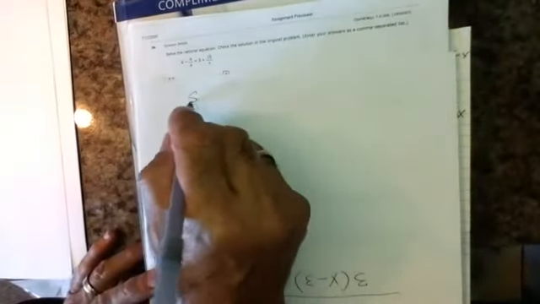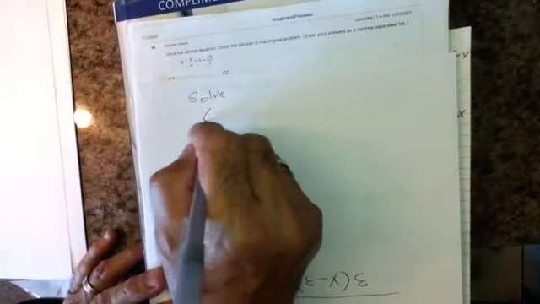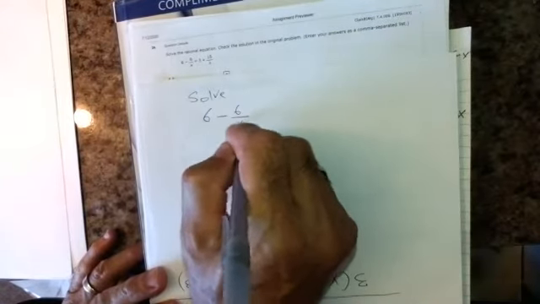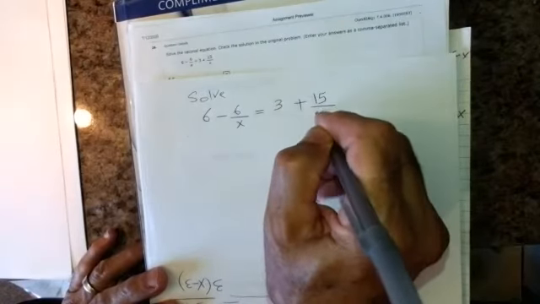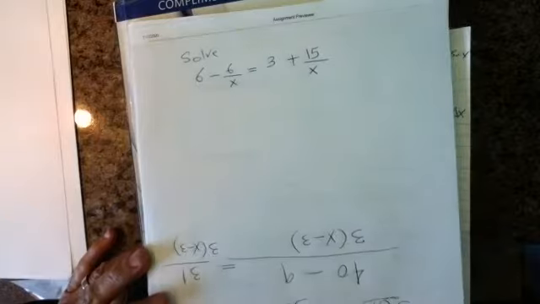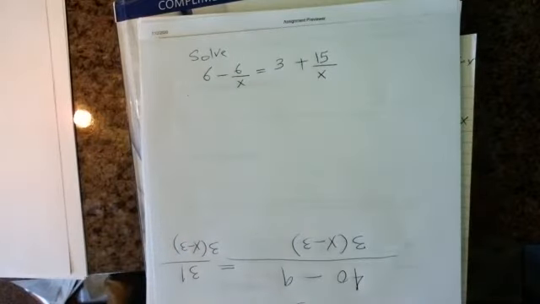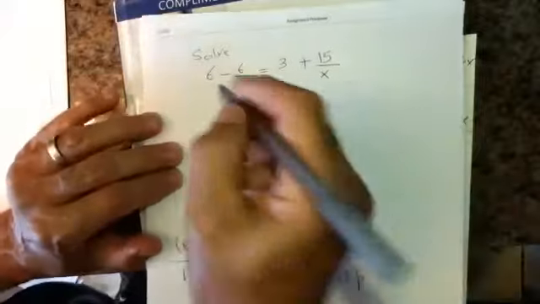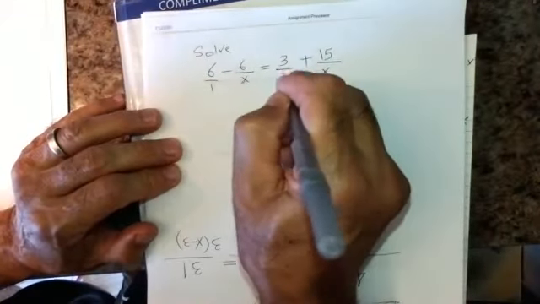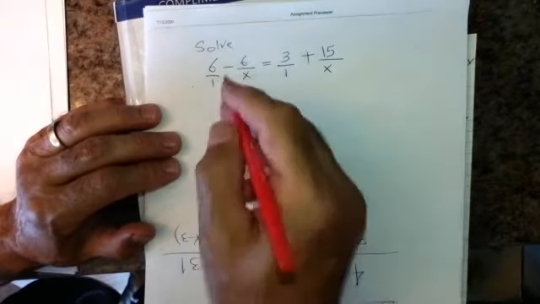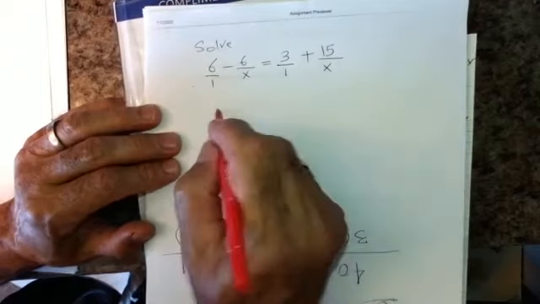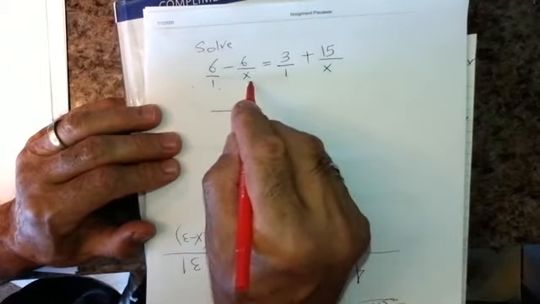Now we want to solve the equations. 6 over 1, you want the denominator to be x.